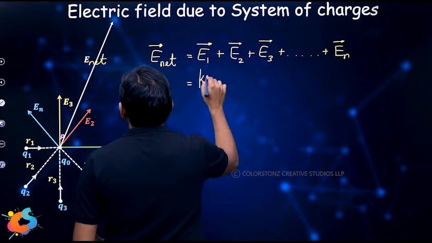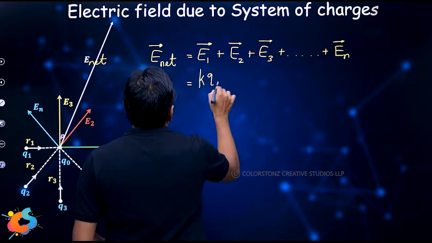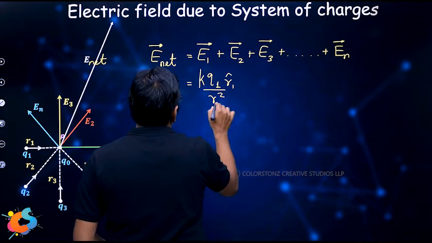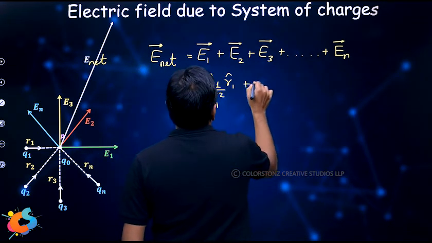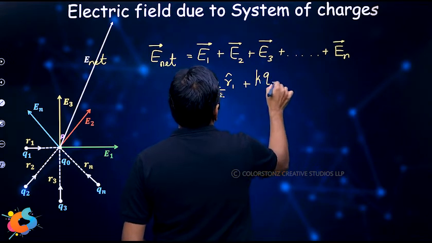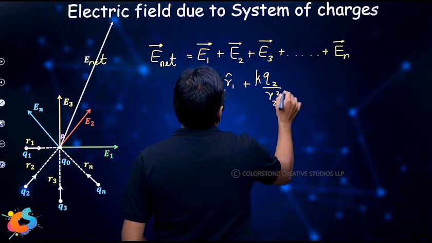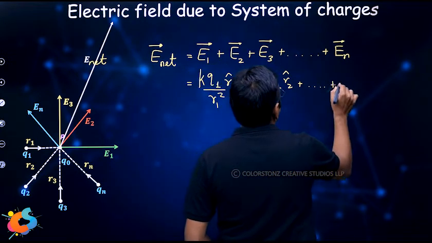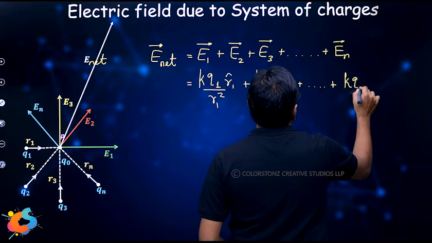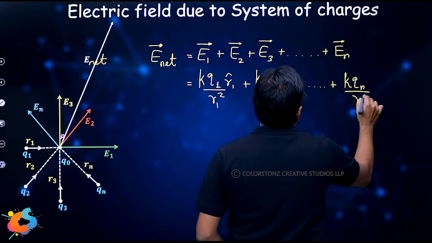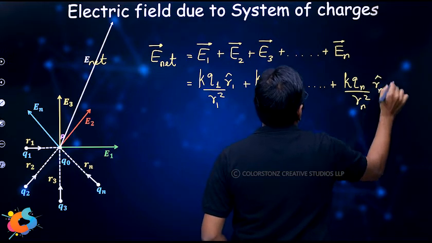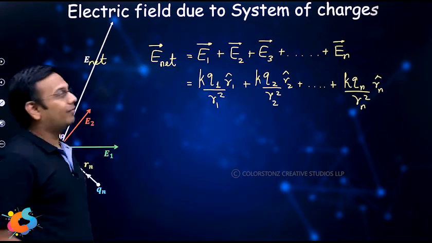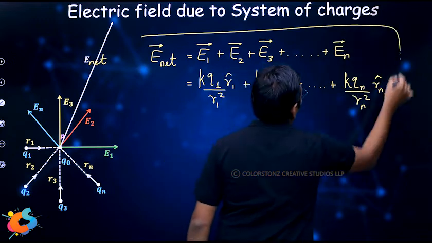So this is nothing but KQ1 by R1 square R1 cap, similarly, plus KQ2 by R2 square R2 cap, and so on, continue till En, KQn by Rn square Rn cap. And this is how we find the net electric field acting at any point.